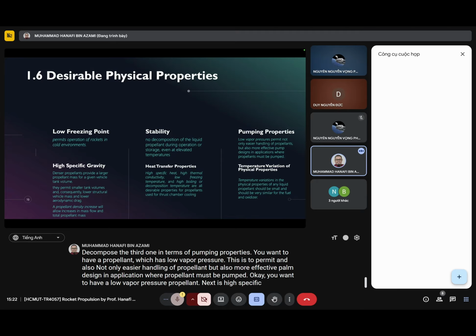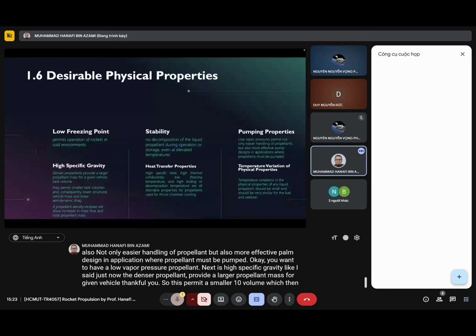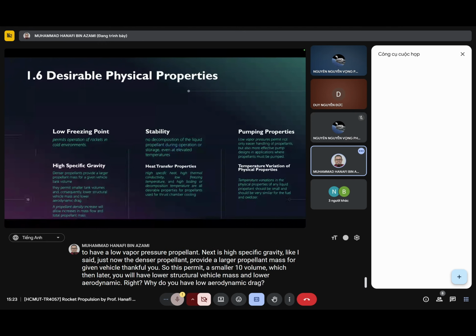Next is high specific gravity. Like I said just now, a denser propellant provides a larger propellant mass for a given vehicle tank volume. So this permits a smaller tank volume, which then gives lower structural vehicle mass and lower aerodynamic drag. Why do you have low aerodynamic drag?